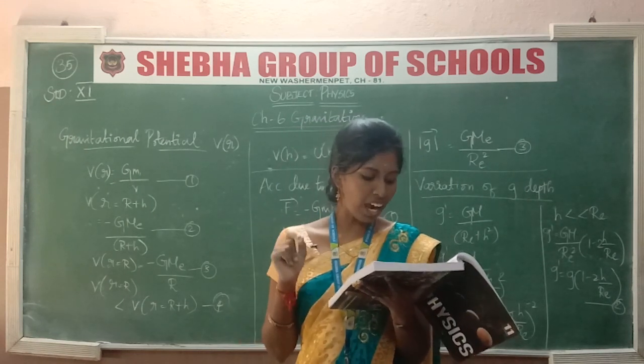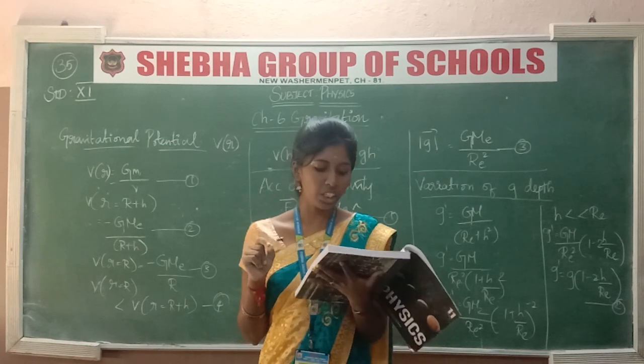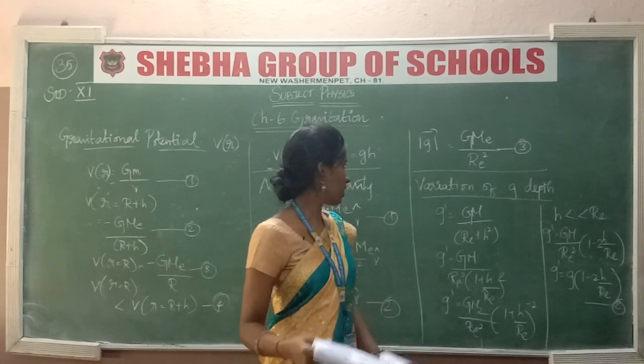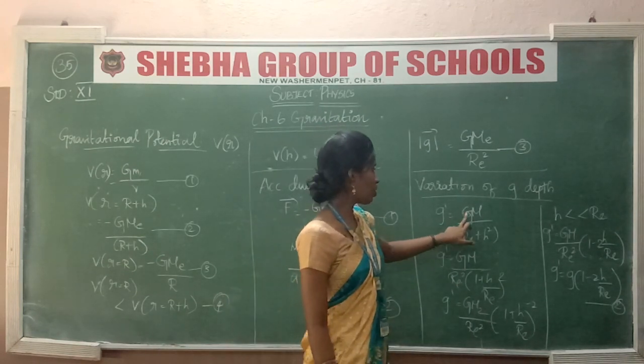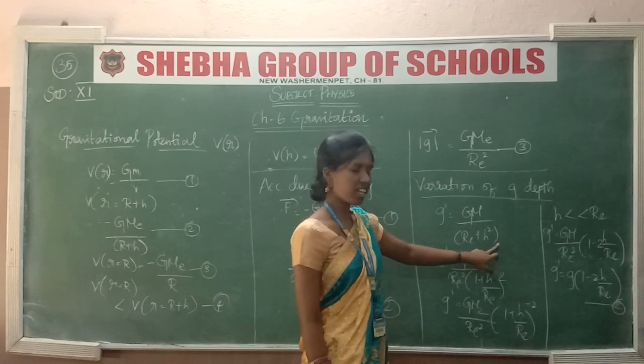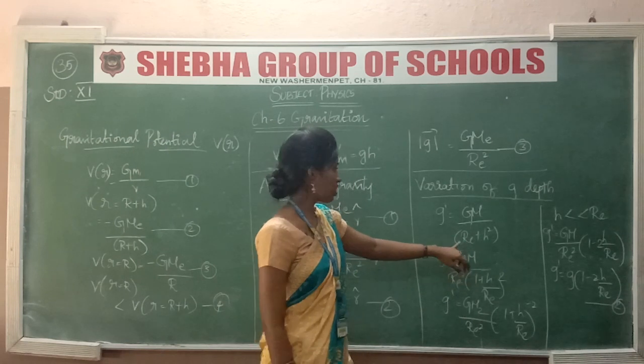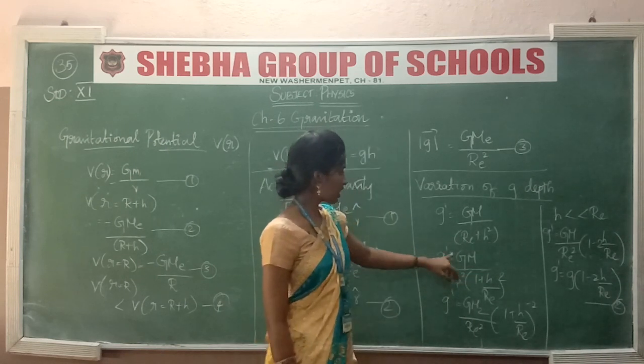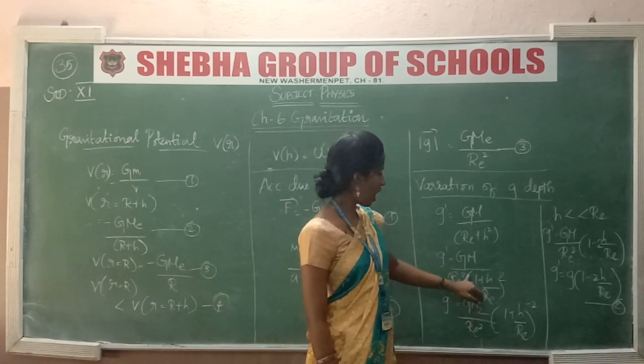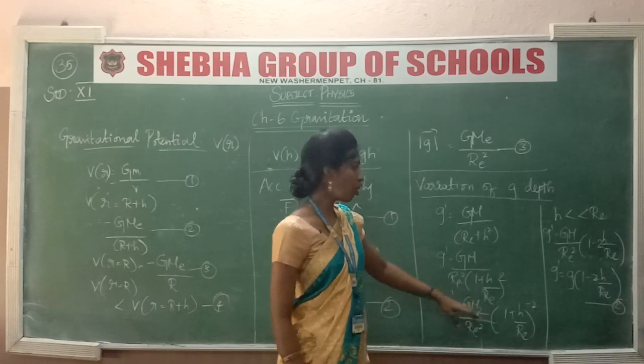So g is the gravity, the variation in altitude. So in this equation, they derive g' is equal to G M divided by (R e plus h) square. So G M we put, R e is the radius of earth, h will be measured as height. So g' is equal to G M divided by R e square, and for h we calculate 1 plus.